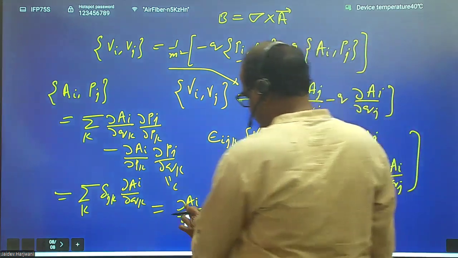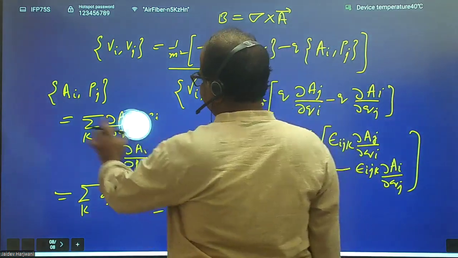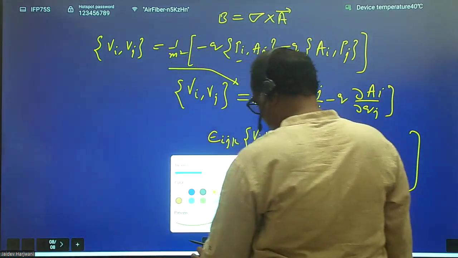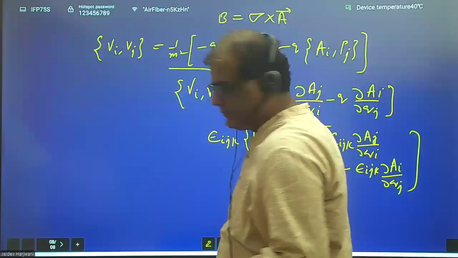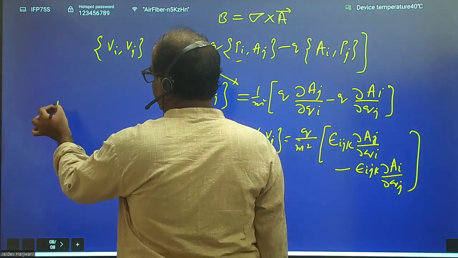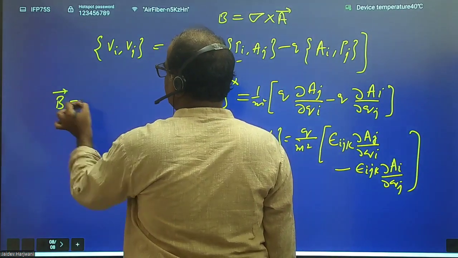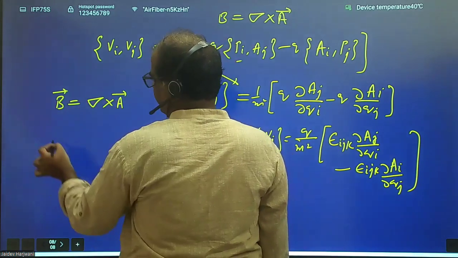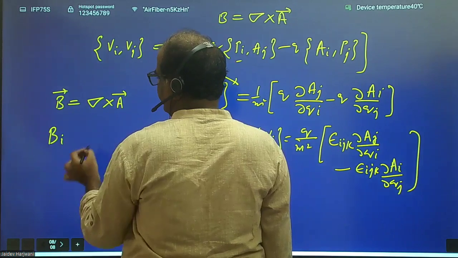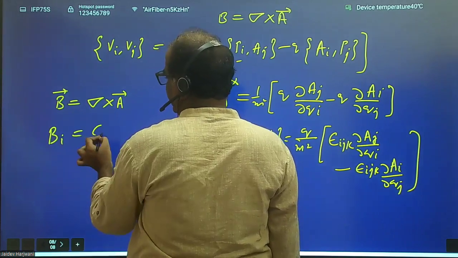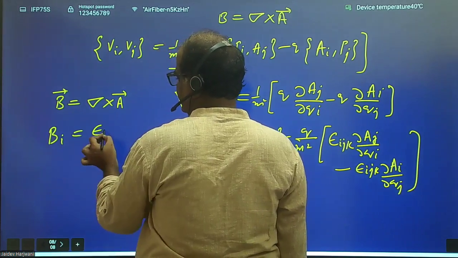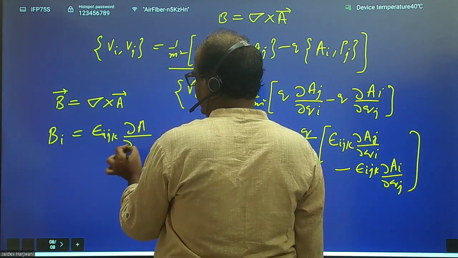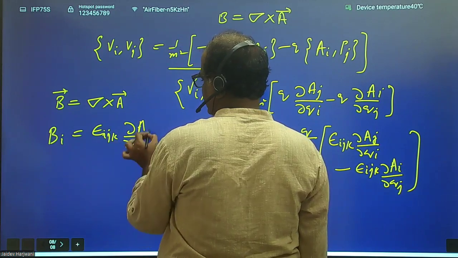Now what to do next? So now I want to write the magnetic field. I know the magnetic field I can write as B equals del cross A. And the component Bi, if I want Bi, I can simply write it as eijk del Ak upon del qj.